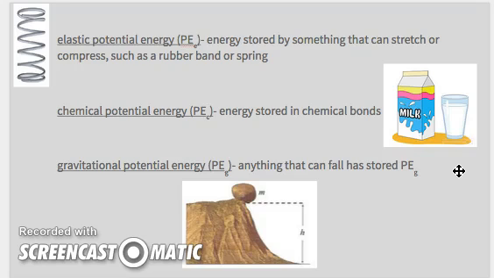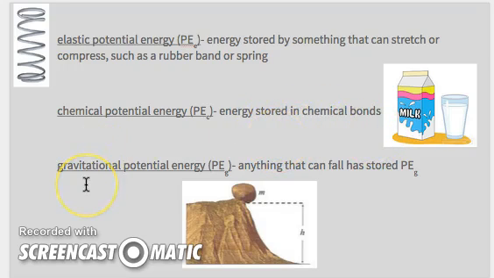So when somebody drinks that glass of milk, those chemical bonds that are stored inside the particles within the milk, those bonds break, and that gives the person those calories of energy so that they can continue on and keep going. That's why we eat too. The reason why we eat food is so that we receive the chemical potential energy that's stored in the chemical bonds of the food that we eat.